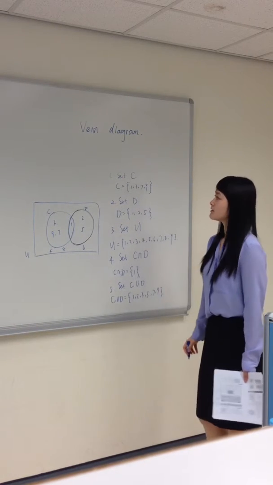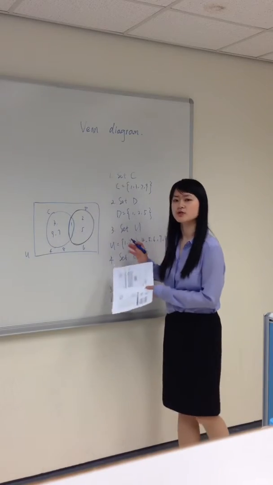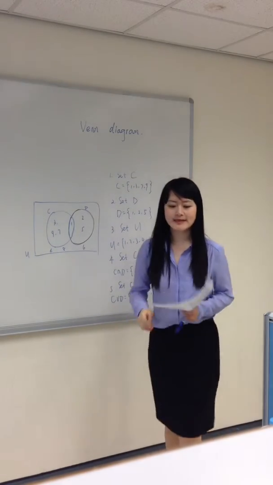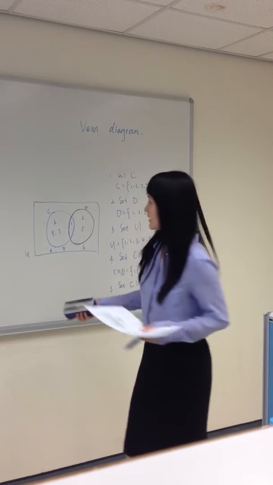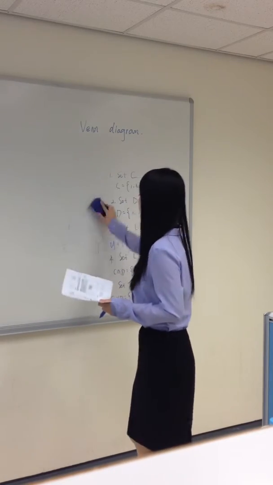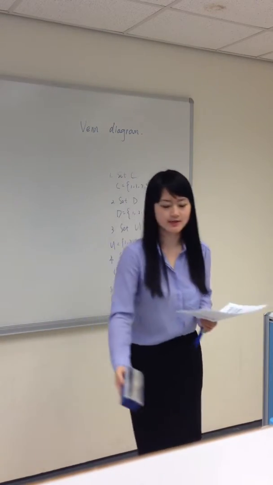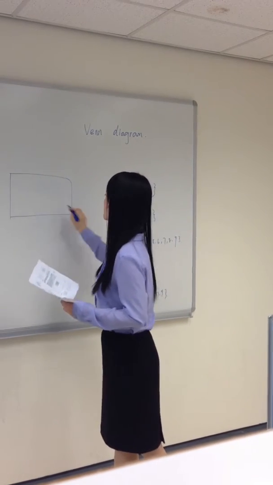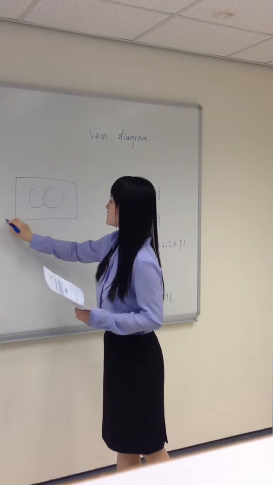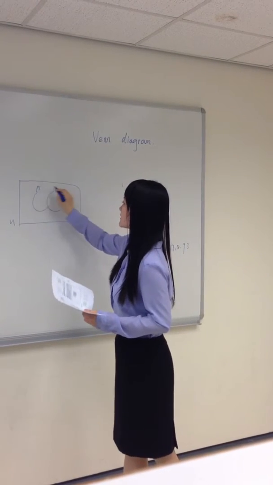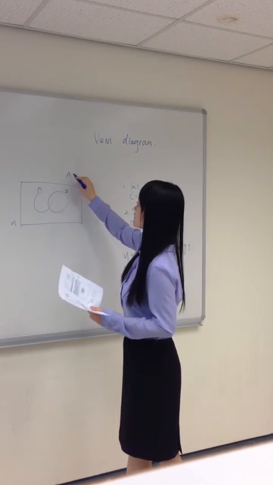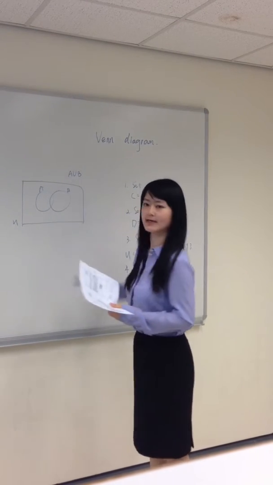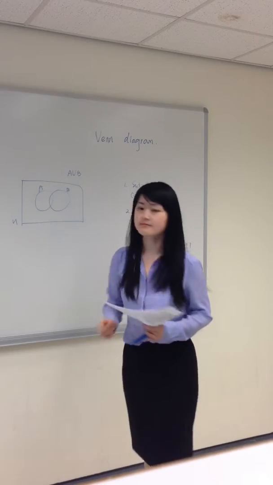Okay. This is a question that is about the union set and intersection set. If we make it clearer, it would just be how to shade the intersection set and union set. We'll just give you one rectangle, 2 circles. This is the union set. This is set A, set B. We'll ask you to shade the area that can represent the union set of A and B. How to shade it?